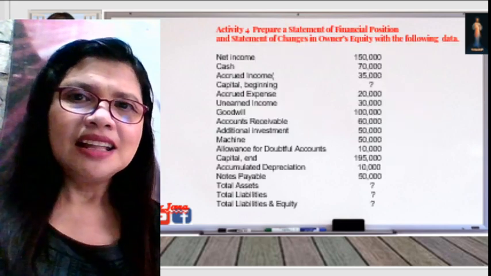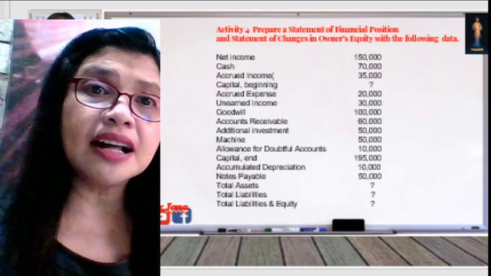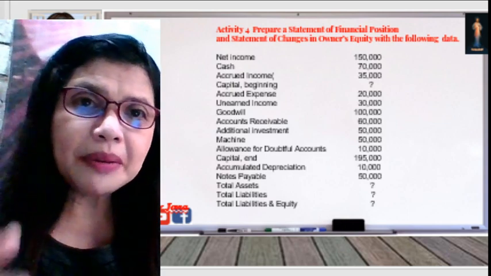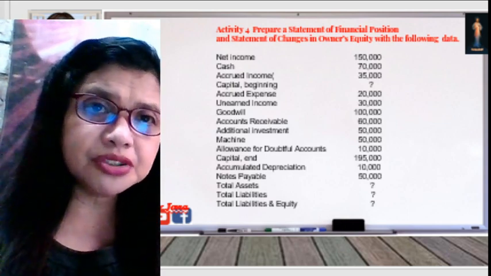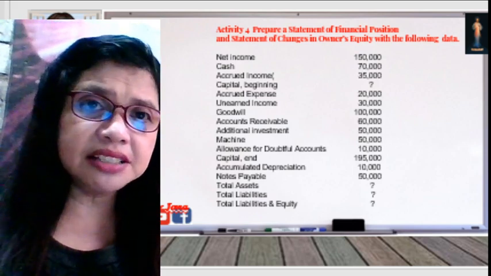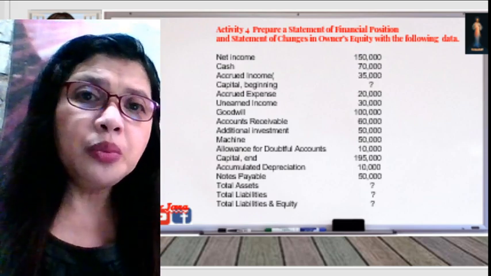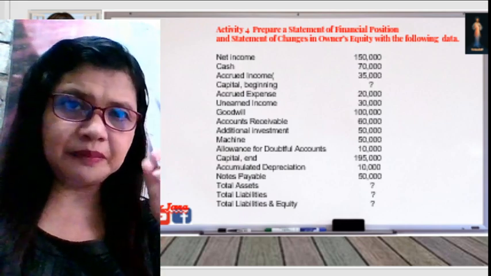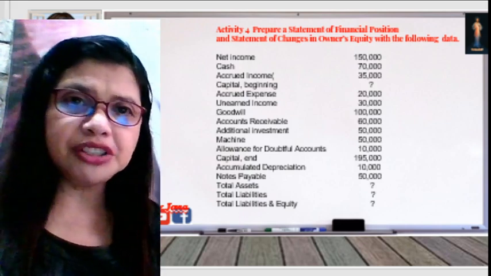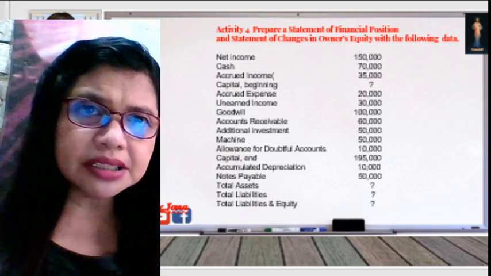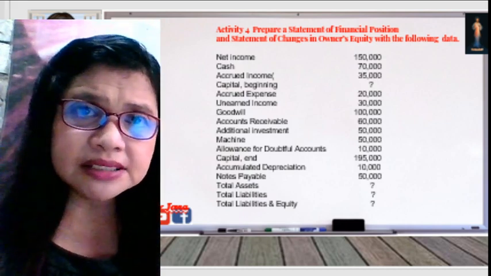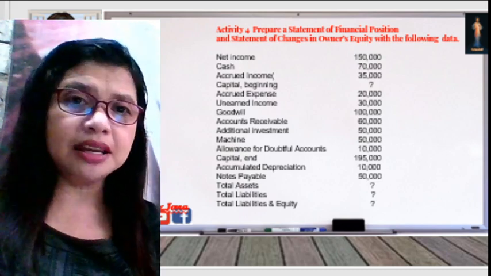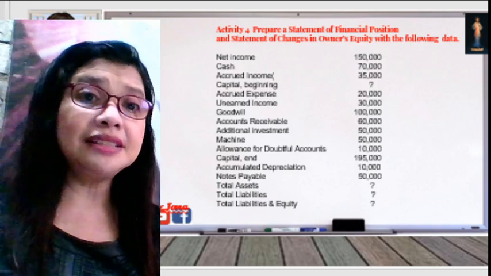Okay? Now, I have prepared here an activity 4. Activity 4 states that we prepare a statement of financial position and a statement of changes in owner's equity with the following data. So I presented some data, some information, and the question mark is the capital beginning, total assets, total liabilities and equity.